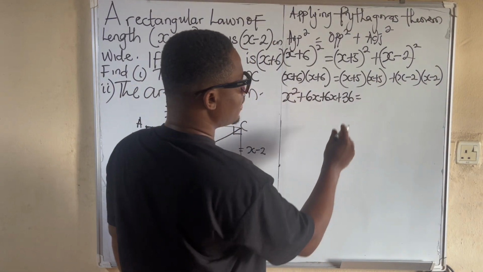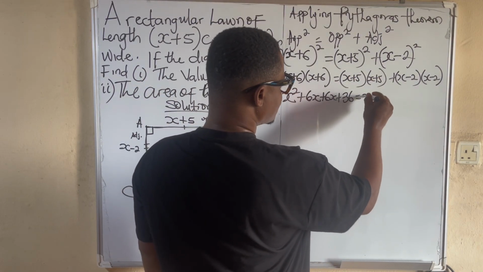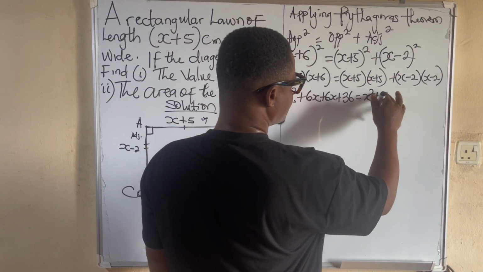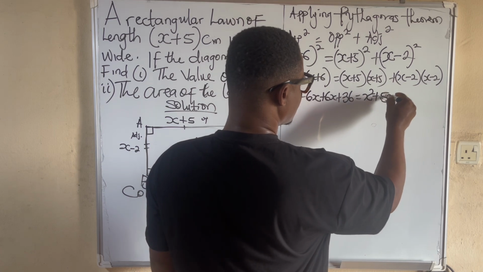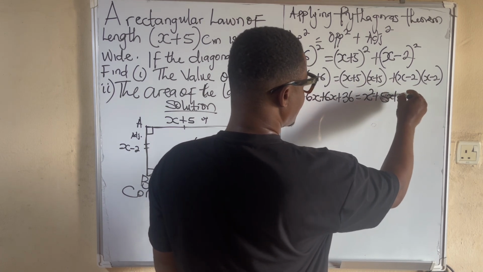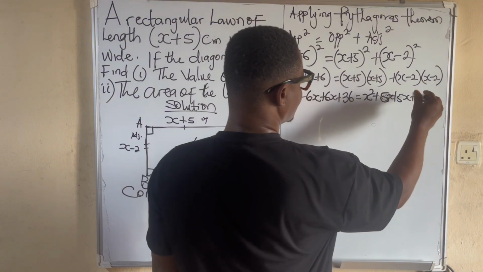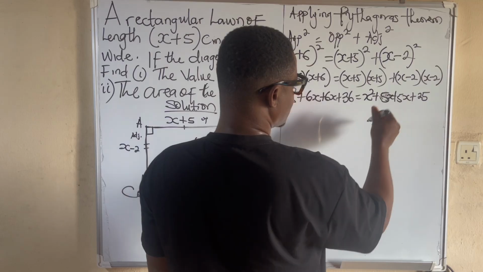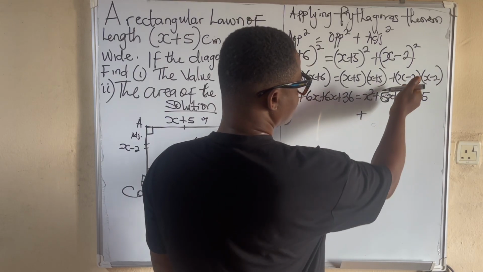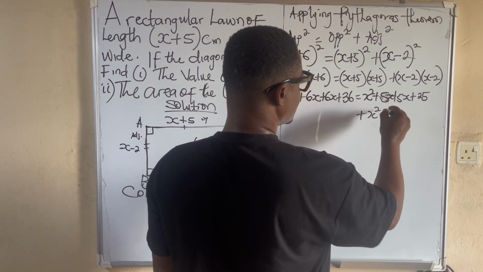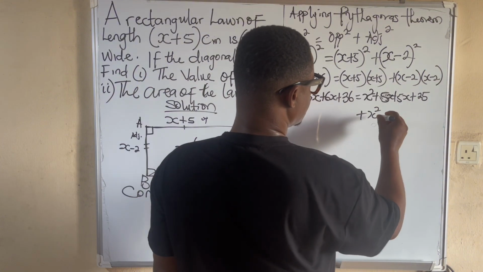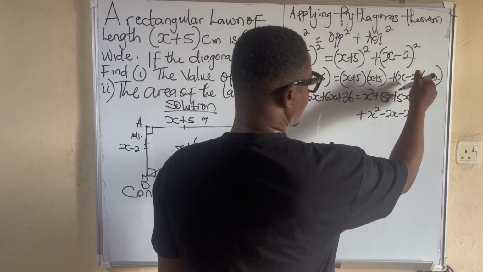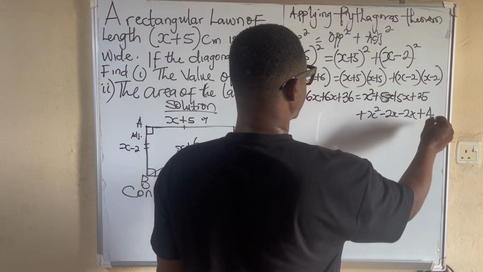Expanding this, we have x times x will give us x squared, plus x times 5, 5x, plus 5 times x, 5x, plus 5 times 5, 25. We have this plus here already, plus x times x, x squared, x times negative 2, minus 2x, negative 2 times x is minus 2x, and negative 2 times negative 2 is positive 4.